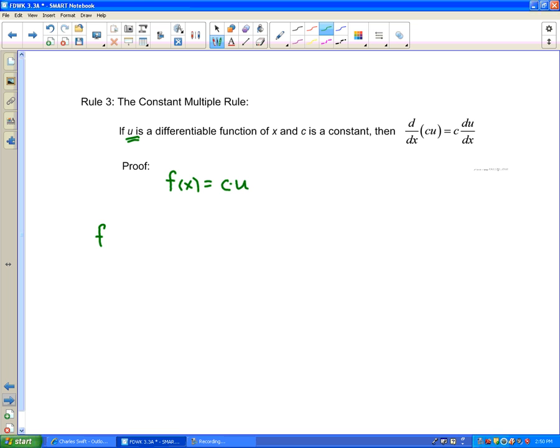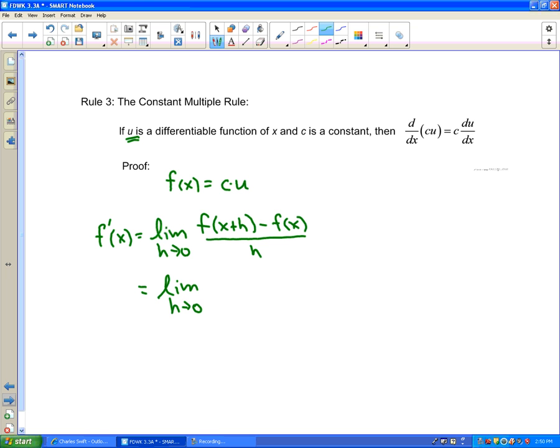So when we take the derivative of f of x, we're going to look at the limit as h approaches 0 of f of x plus h minus f of x over h. When we plug x plus h into function f, that's the same thing as putting the x plus h into that u and multiplying it by c.